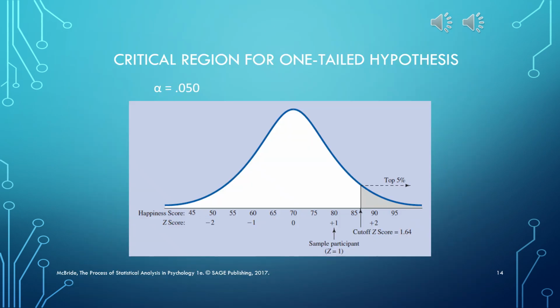So again, we're trying to set up a critical region, and if our sample mean or sample z-score or whatever we're looking for falls within this critical region, we reject the null hypothesis. If you were to look up in a unit normal table what the z-score cutoff is for 5% or less of my entire distribution, you would find a z-score of 1.64, meaning 1.64 standard deviations above the mean.